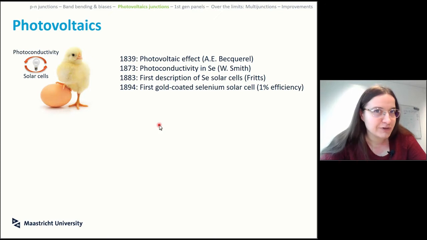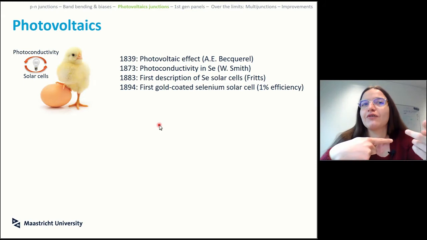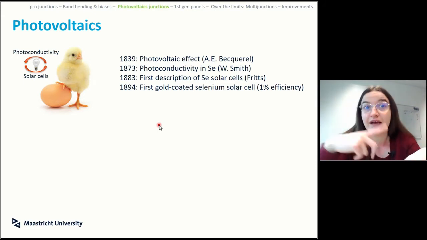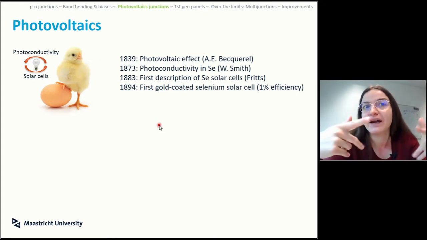It's a bit difficult to discern, because these photovoltaic and photoconductive effects were all discovered first in the 1800s, and the first description of solar cells came right after the first discovery of, oh, if you can make a voltage, you can make it conductive. If you can make it conductive, can we actually make electricity with light?